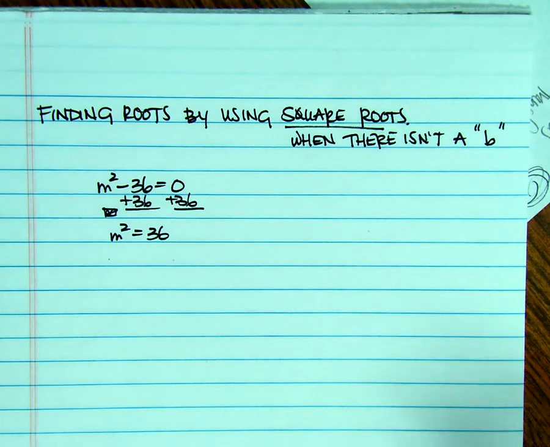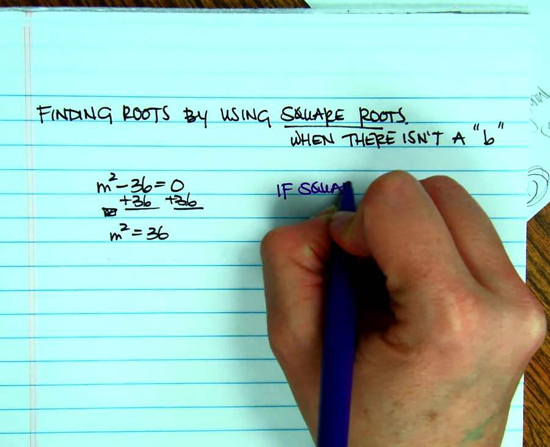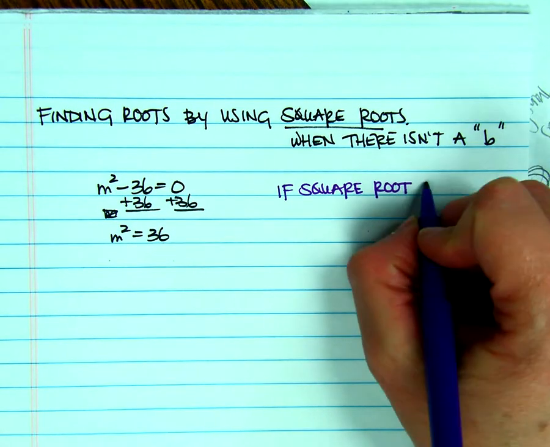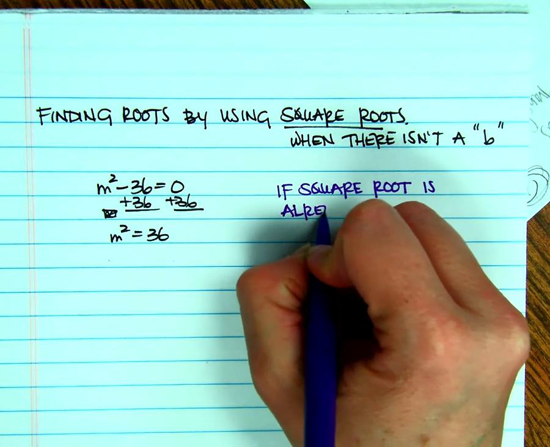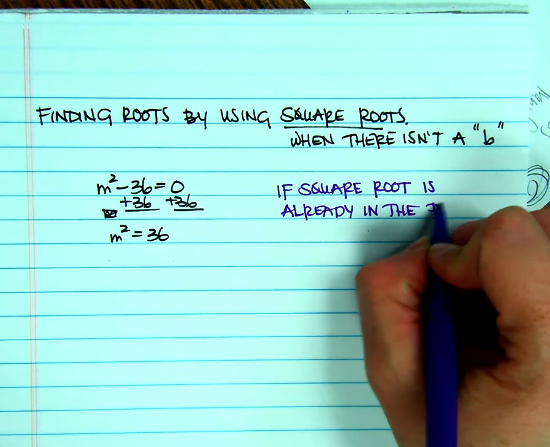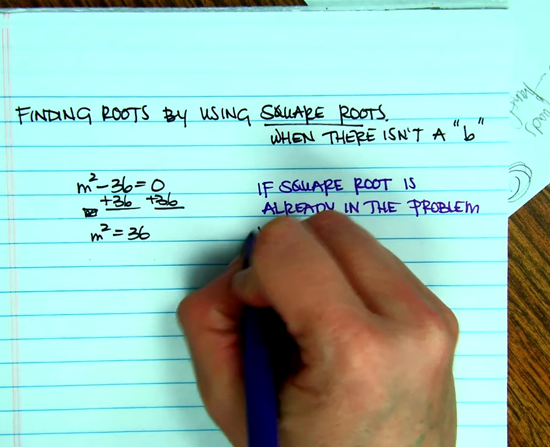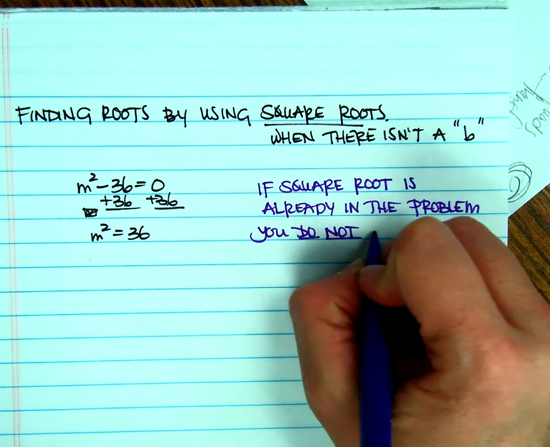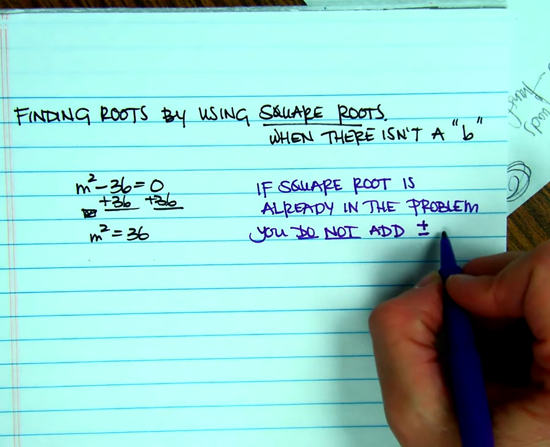If the square root is already in the problem, you do not add the plus or minus sign.